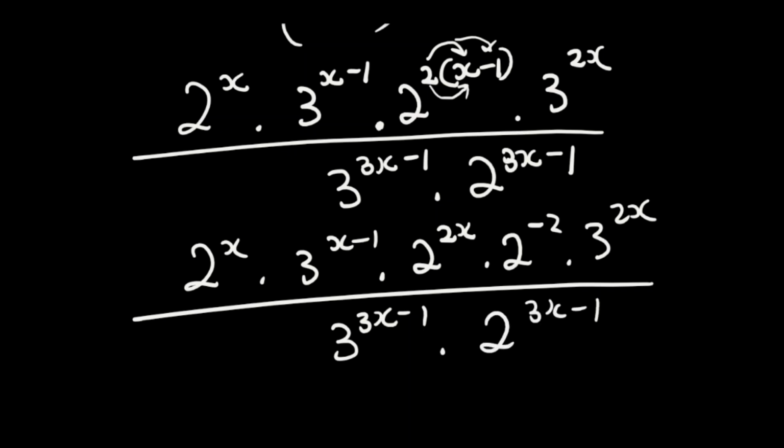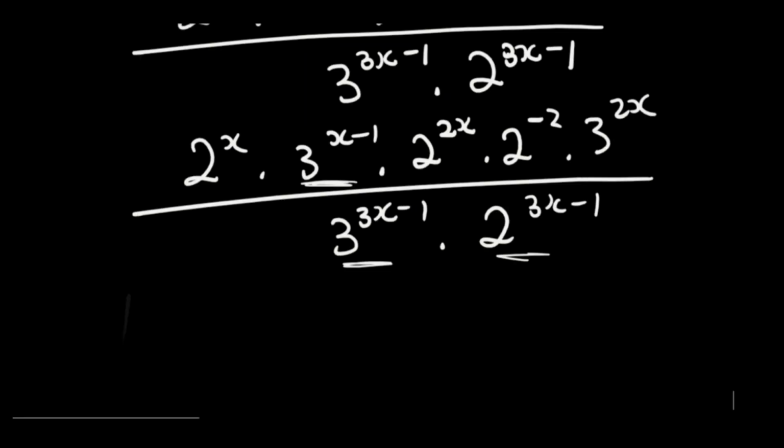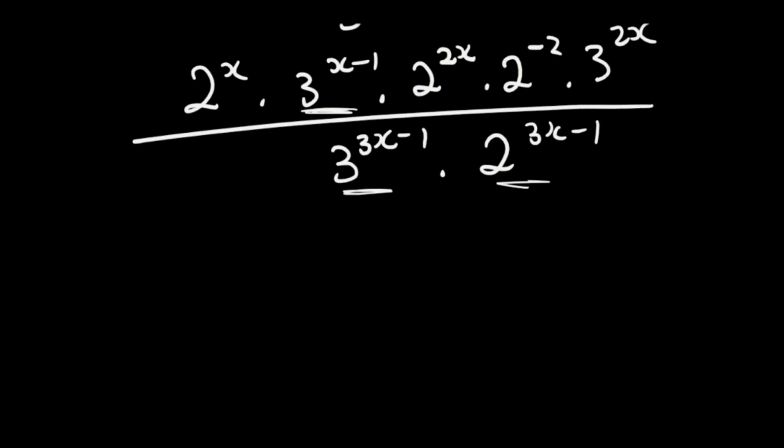So you can see now that we are done with multiplying out. So now we can expand this, expand this, and expand this, right? So we're going to have 2 to the power of x multiplied by 3 to the power of x, multiplied by 3 to the power of minus 1, the expansion of this.